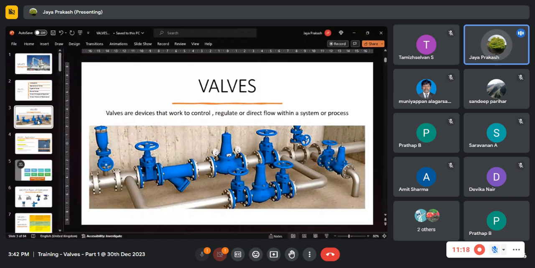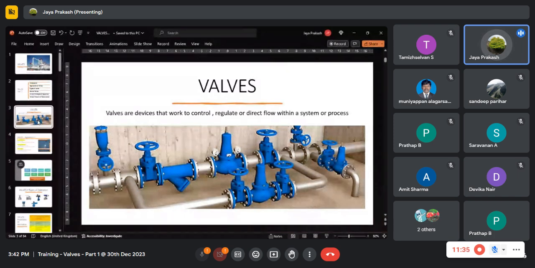Over the period, some 200, 300 years ago, the requirement of a valve was that there should not be any leak. A valve should not leak.